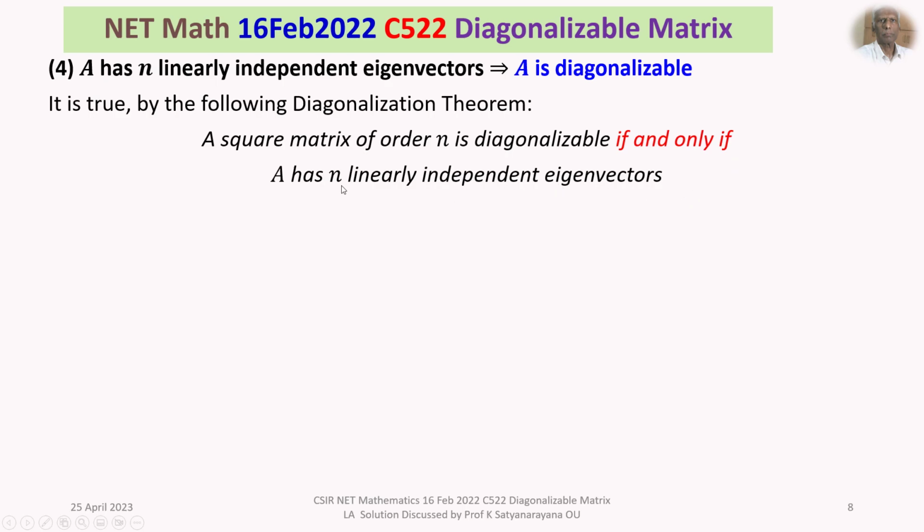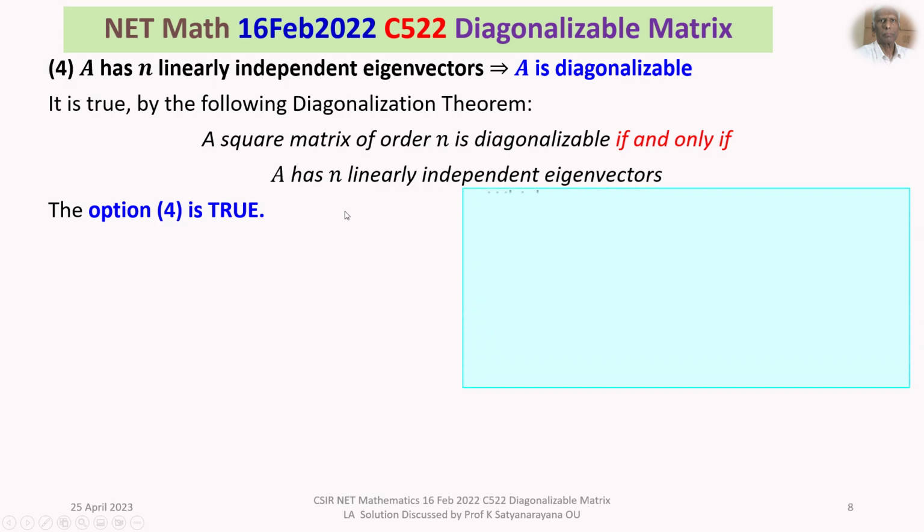If you have n linearly independent eigenvectors, how to write down the matrix P such that PAP inverse is a diagonal matrix is all well known. Therefore option 4 is true.